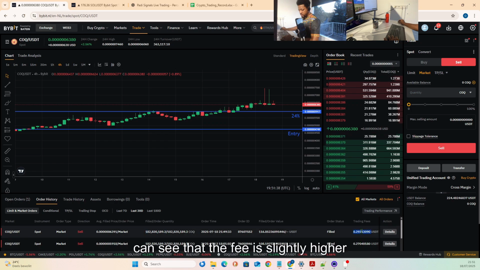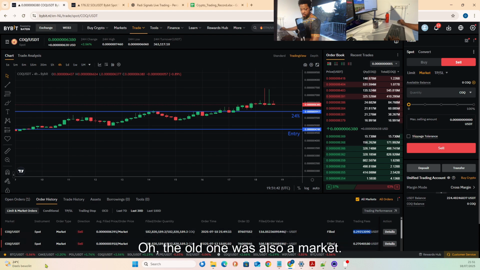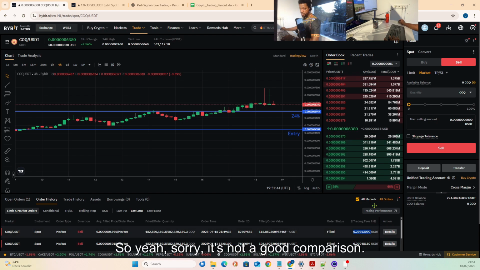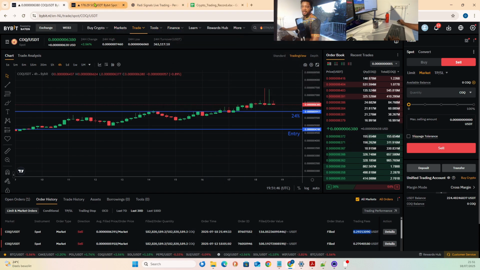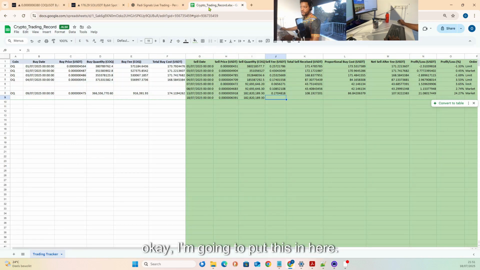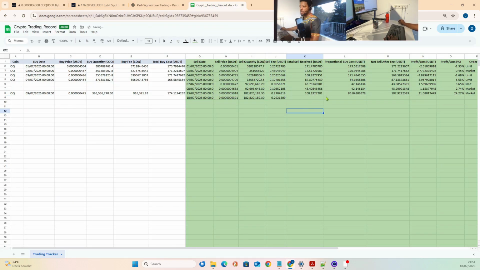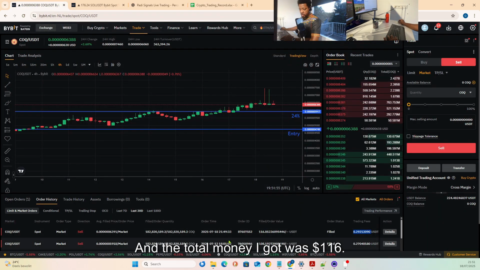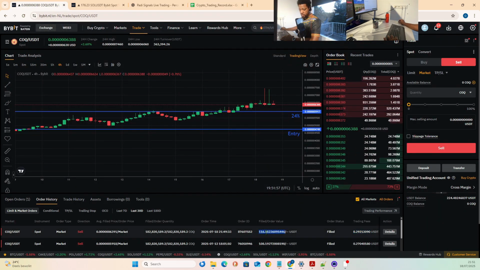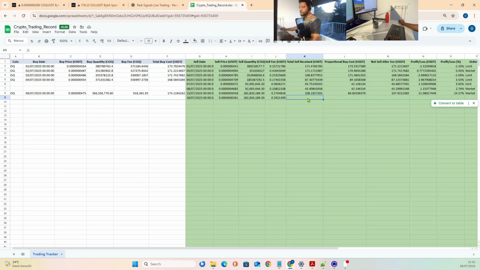You can see that the fee is slightly higher because I'm using a market. Oh, the old one too was also a market. So yeah, sorry, it's not a good comparison. So okay, I'm gonna put this in here. So this was the fee. And the total sell money I got was $116.